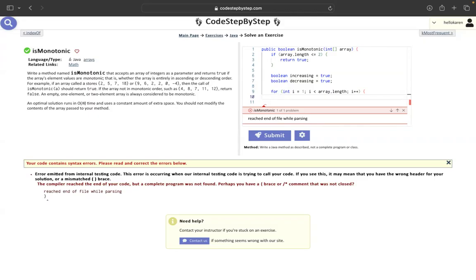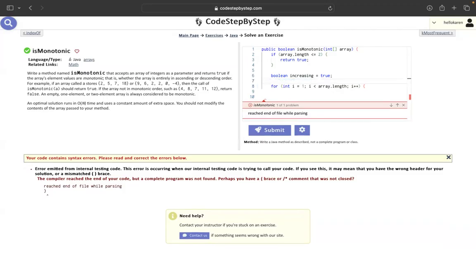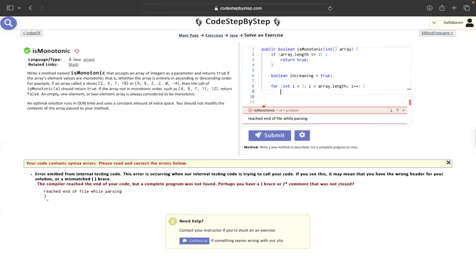So you don't need an increasing check and a decreasing check. If only increasing is false, that means you're checking decreasing. So would I only need one then? Yeah, you only need to keep track of whether you're checking an increasing trend. That'll just make your life easier, so you don't have to keep track of two things at once, right?